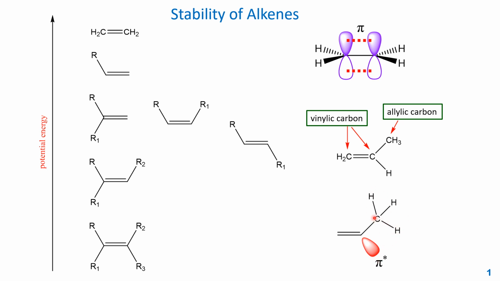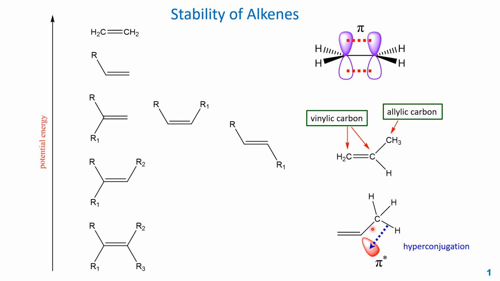For example, if you have an alkyl group, you have a carbon-hydrogen sigma bond, and its electrons can donate to this empty pi star. That donation is called hyperconjugation. That can stabilize the double bond. So if you have more substitution, there will be more hyperconjugation, and so the alkene will be more stable. So this is the electronic reason.